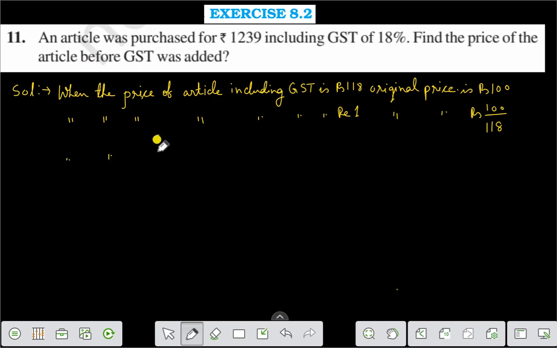When the price of the article including GST is rupees 1239, the original price is rupees 100 by 118 into 1239.